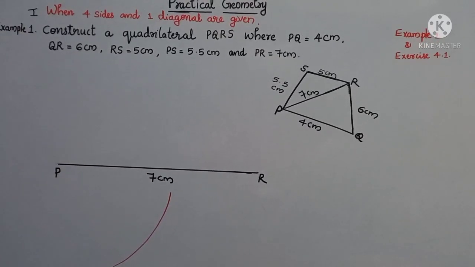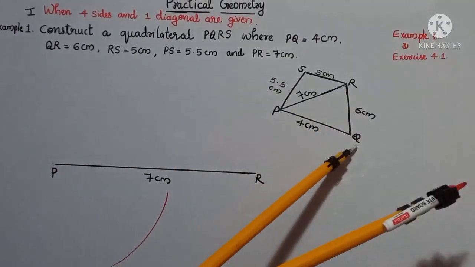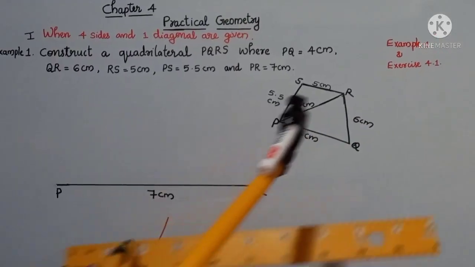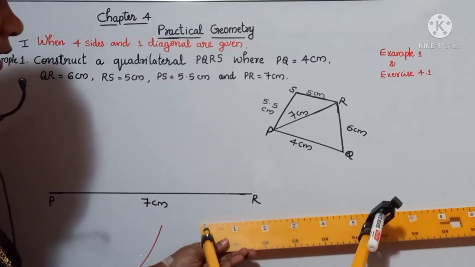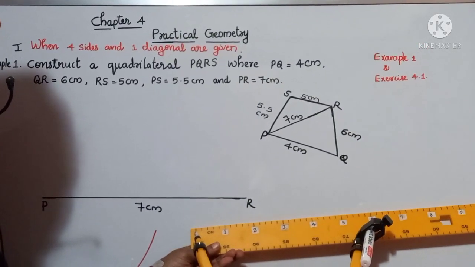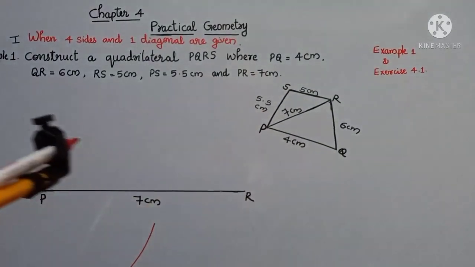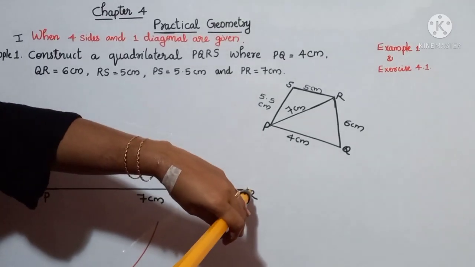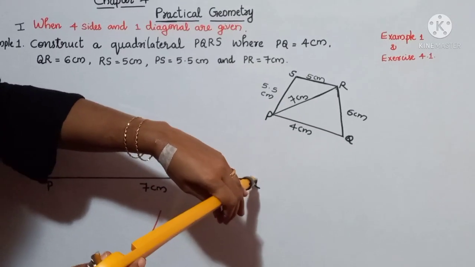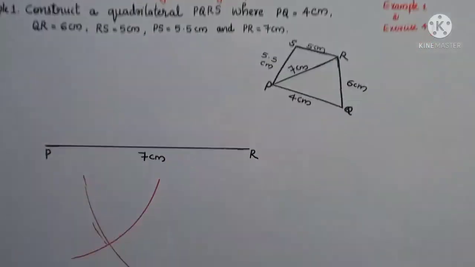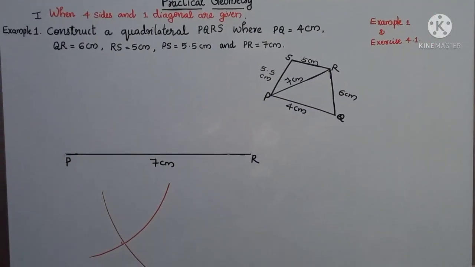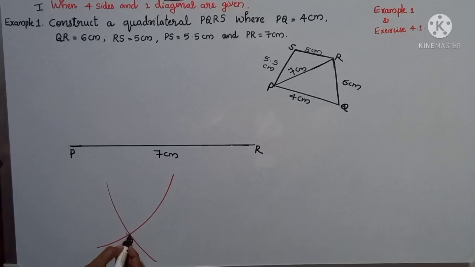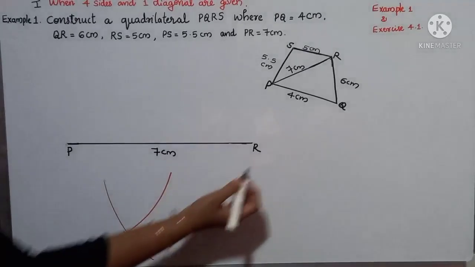Next, QR, that is from R, Q is 6 centimeter away. Then we have to rearrange our compass to 6 centimeter. And from R, pointing on R, draw another arc like this way, and we have got the point Q. Mark that point Q here and join PQ and RQ.